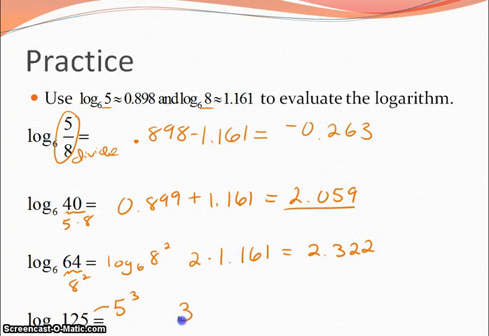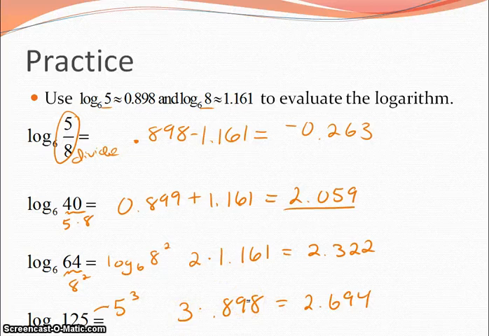So I'm going to take 3 times my log base 6 of 5, so 0.898, and I have myself an answer of 2.694. Now I do encourage you to actually look at, okay, well, is this actually what 3 times 0.898 is? And you'll see that it is.